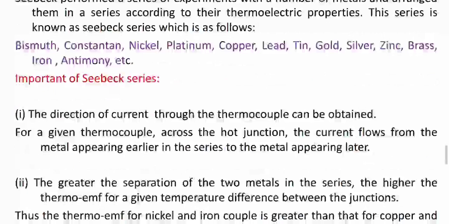For a given thermocouple, across the hot junction, the current flows from the metal appearing earlier in the series to the metal appearing later. That means current flows from upper series to lower series.